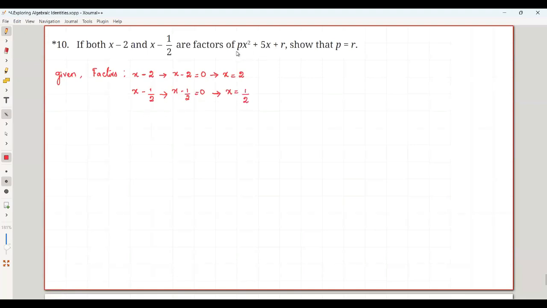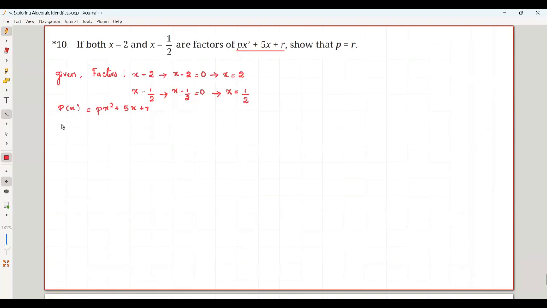So next, what is given? P of x is given: P of x is equal to px square plus 5x plus r. This is given in the question. First you can find P of 2, next we will find P of 1 by 2. First, in the place of x I am going to substitute 2.